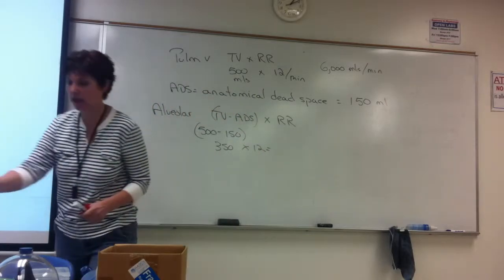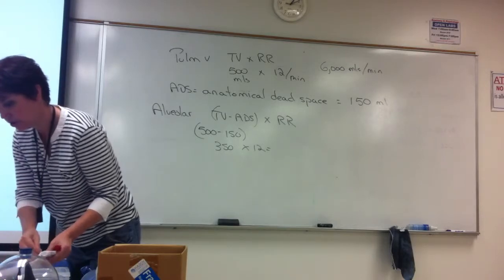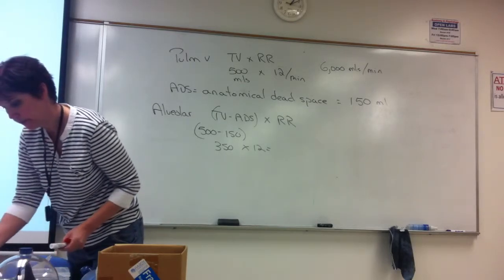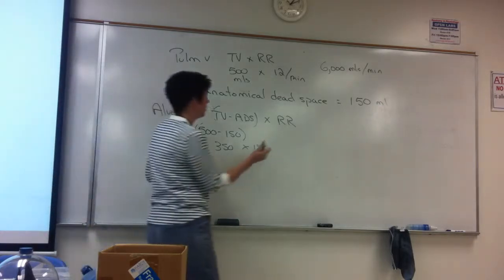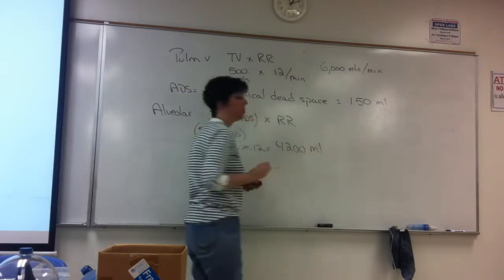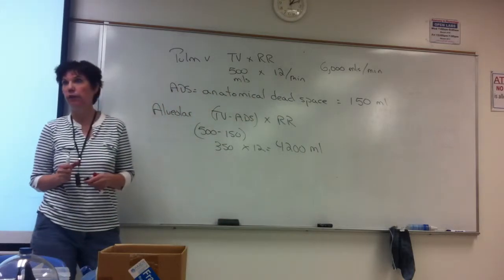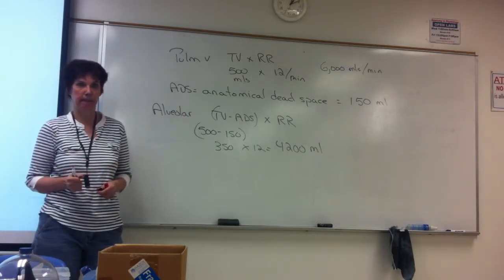And I think I have that on the table, page 52. All right. So that changes from 6,000 to 4,200, a little over 4 liters. That's what actually reaches the gas exchange area.